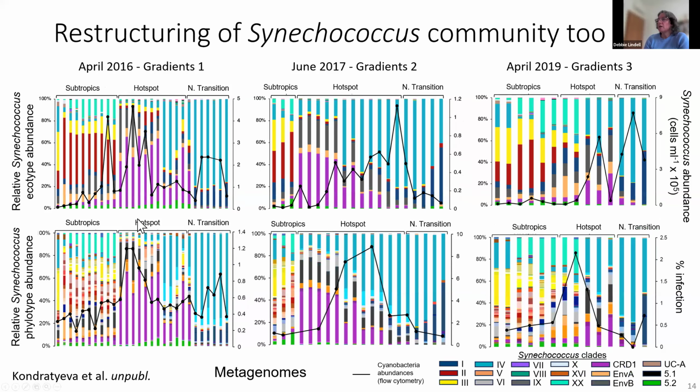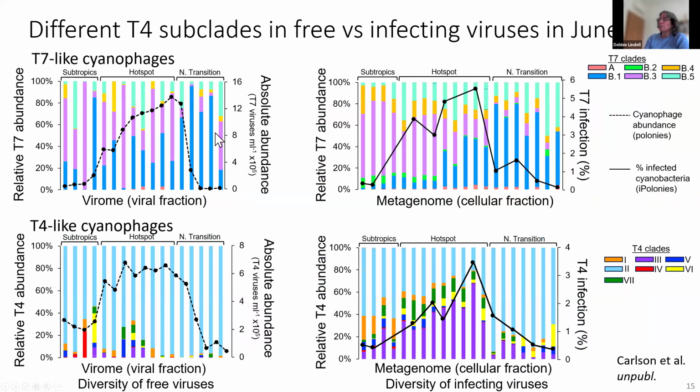We have a similar type of dynamic of Synechococcus, consistent distribution over the years, and in the interest of time, I will not belabor that. Now, if we look at what's going on with the cyanophages, first of all, we're looking at what's in the free viral fraction in the viromes versus what's infecting cells in the metagenomes.